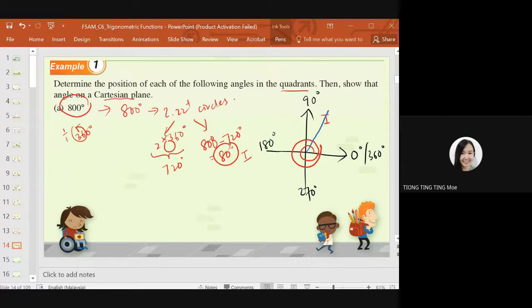Put an arrow until here. So this is your angle shown on the Cartesian plane, starting from here and ending here.